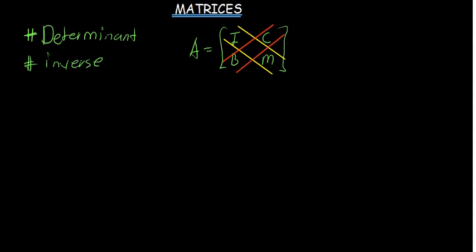Now, how do we use this to get the determinant? We can use det. The determinant of that matrix is equal to the major diagonal, major D, minus the minor diagonal, minor D. Meaning we have to multiply what we have in the major diagonal and subtract the product of the minor diagonal.